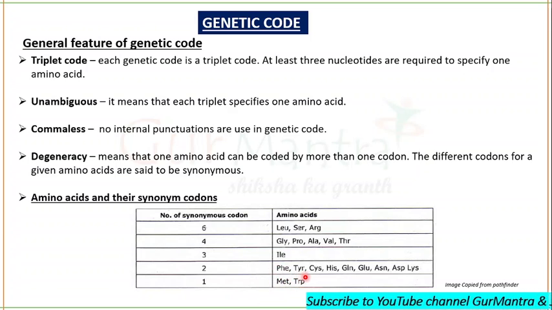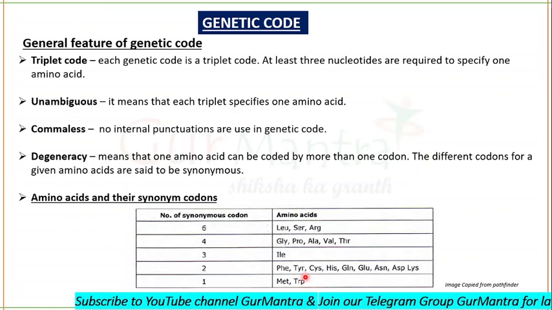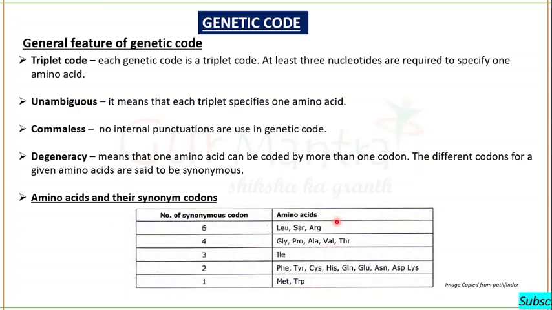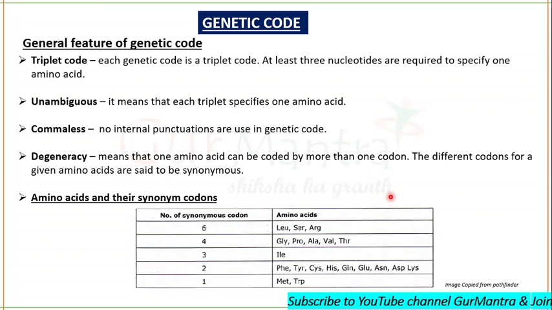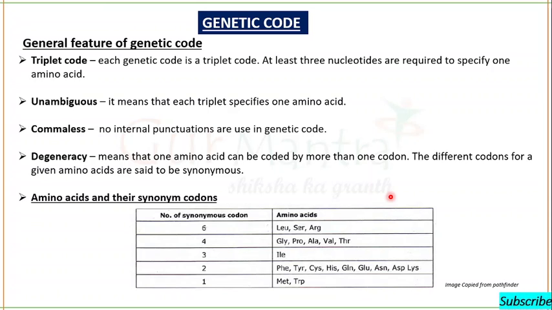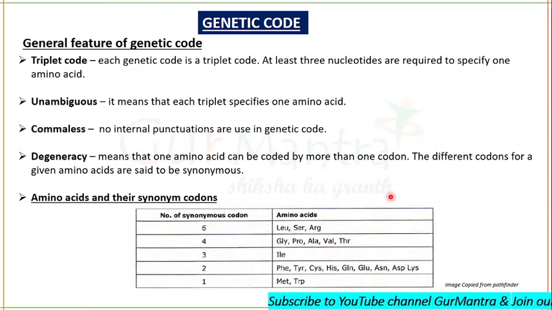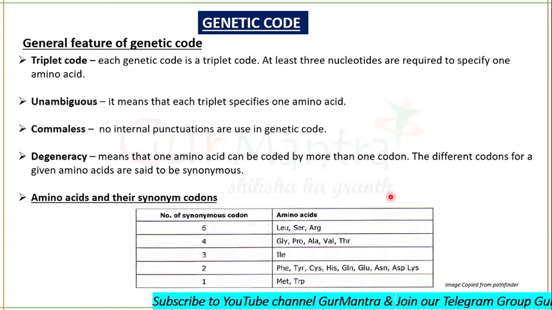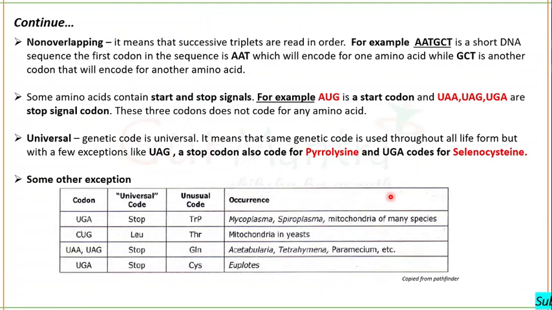Methionine and tryptophan will have only one codon, while leucine, serine, arginine will have 6. You have to remember this table in order to solve your numerical problems. I'll be giving you one in this lecture only, and later in the practice session, I'll give you more and better problems.